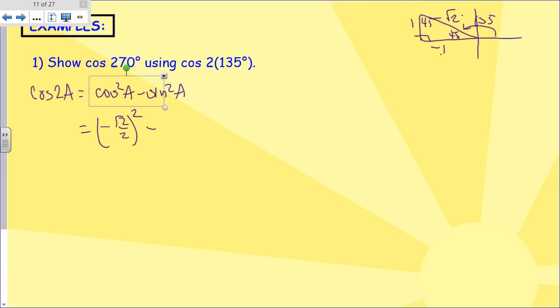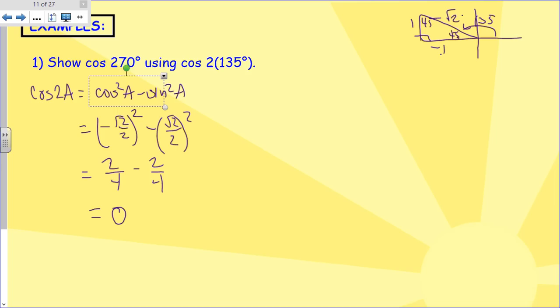Minus, excuse me, the sine is opposite over hypotenuse, so that's 1 over radical 2, which is radical 2 over 2 squared. So when I square negative radical 2 over 2, I will get 2/4 minus another 2/4, which is equal to 0.